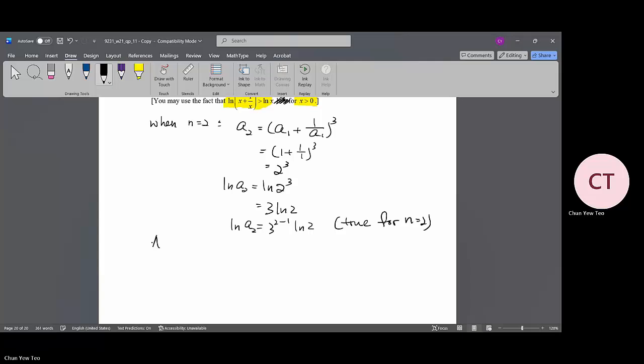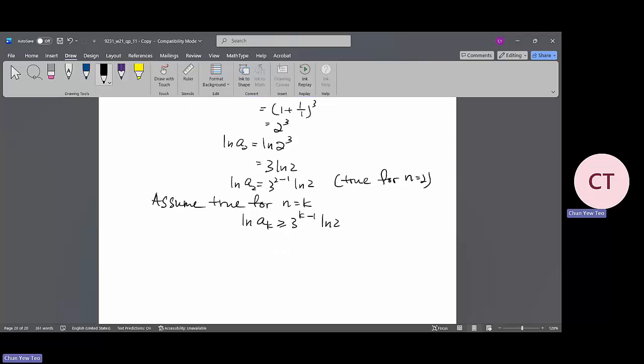Assume true for n equal to k, which means that ln ak is greater than or equal to 3 to the power k minus 1 times ln 2.